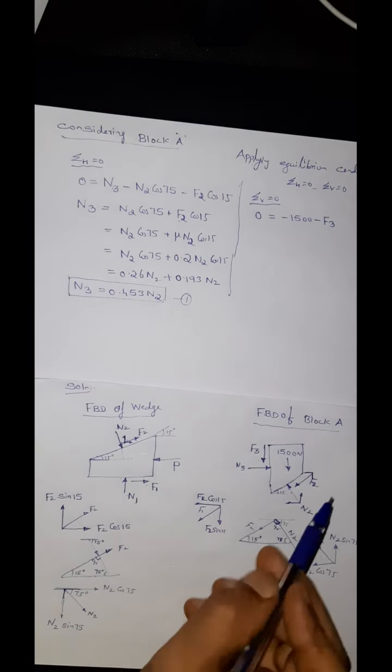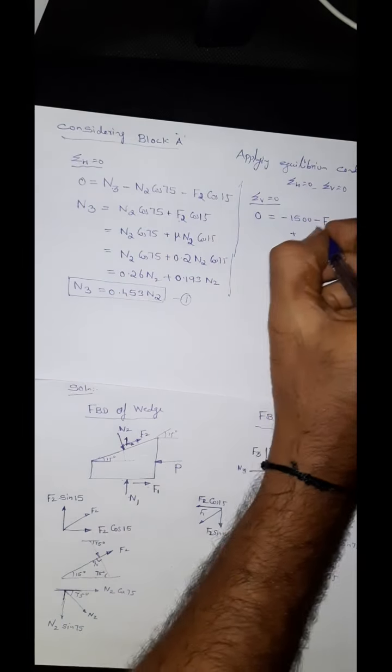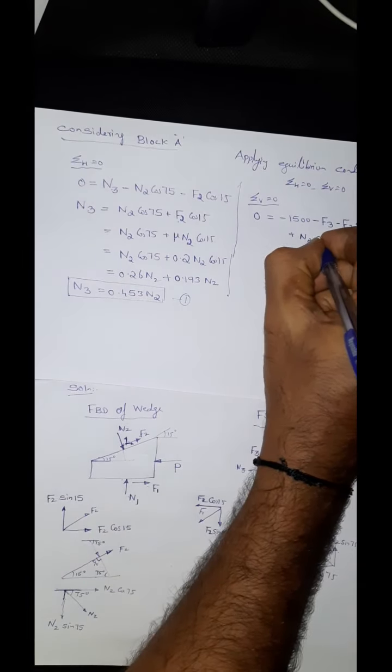And what about the other two inclined forces, the frictional force F2 and the normal reaction N2? F2 is acting vertically downwards, which will carry a negative symbol, so F2 sine 15. Anything else left off? Yes, this N2 sine 75 is acting vertically upwards, which will carry a positive sign, so N2 sine 75, 0 equal to.